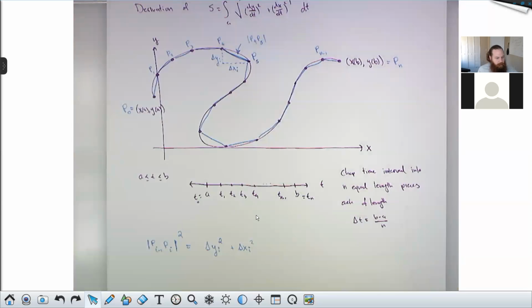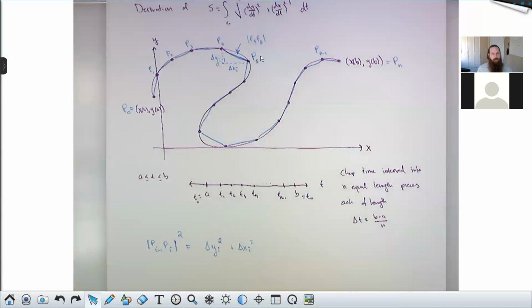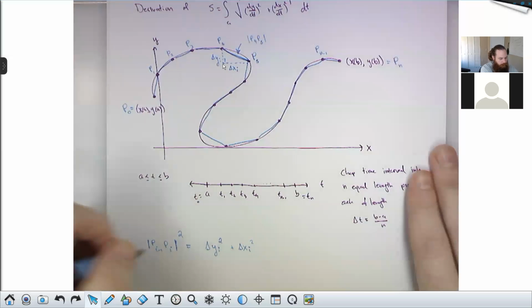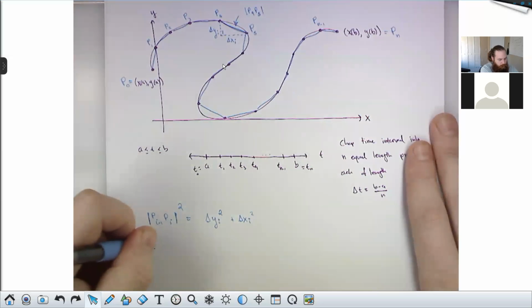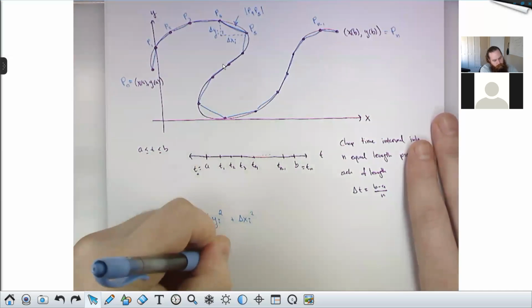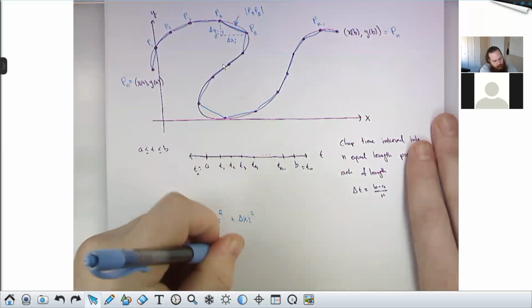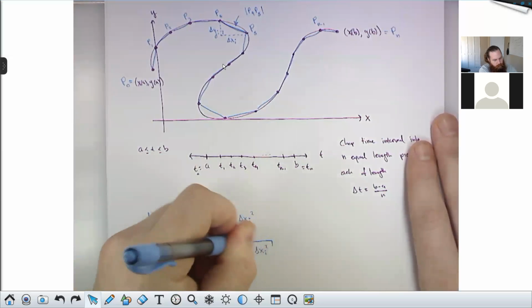So you just use the Pythagorean theorem to say that this hypotenuse squared is the sum of the squares of the side lengths. And then you can take square roots. So the distance from the (i minus 1)th to the ith point is the square root of delta yi squared plus delta xi squared.